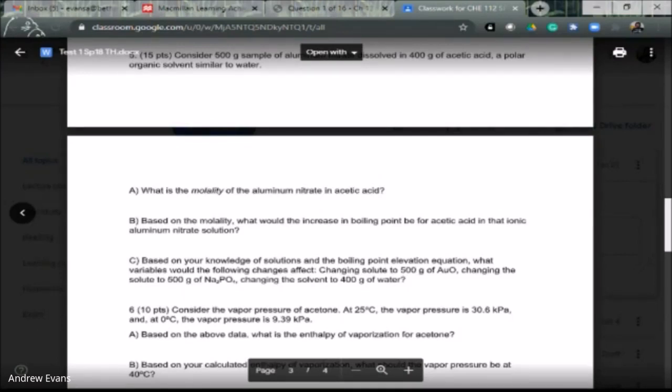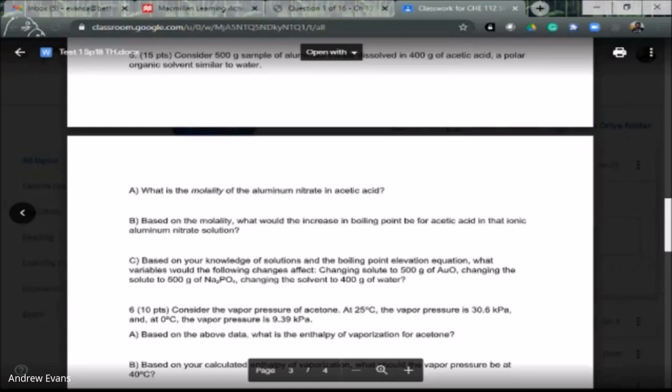So the boiling point elevation would decrease. Let's see, 196 plus 16. Yeah, the molar mass is about the same, 212. So basically, the I has decreased from 4 to 2, so the boiling point elevation would decrease by a factor of about 2.